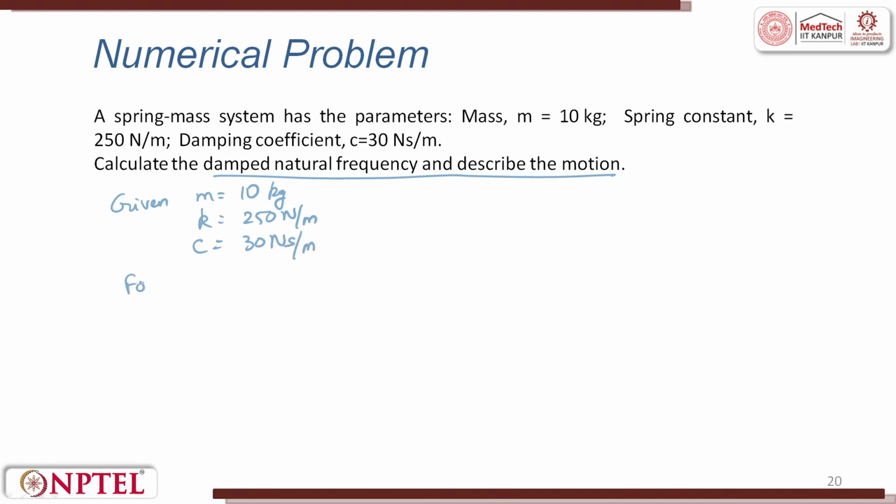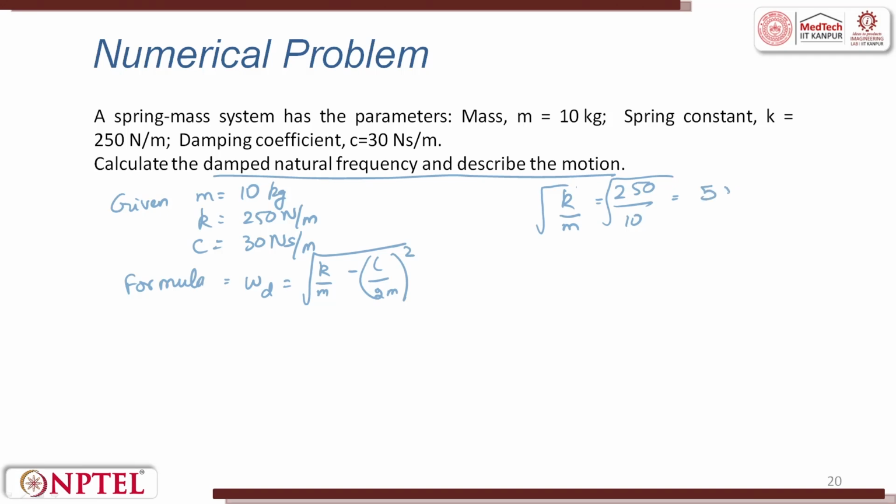So, what is the formula? Omega d is equal to the root of k by m minus c by 2m the whole square. First, let us find k by m. k by m is 250 by 10, and we take the root, which is nothing but 5 radians per second.